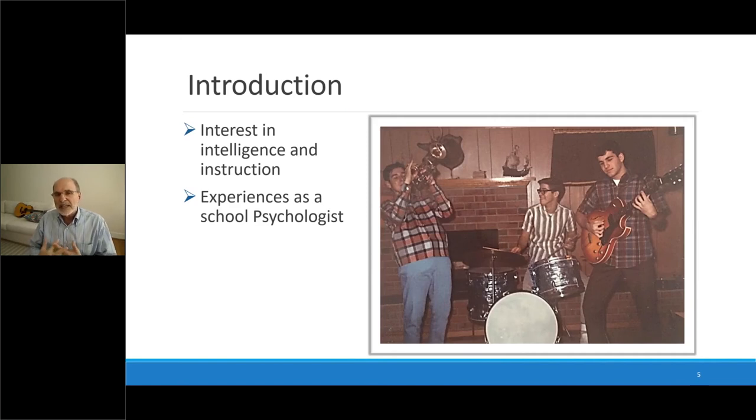My interest in intelligence and instruction really started out in my first profession as a professional musician. This is the first band I ever played in. And when I was only 17, I was teaching guitar. I learned that some of my students really were able to learn well and do really well, and others didn't. And I really wanted to know why.